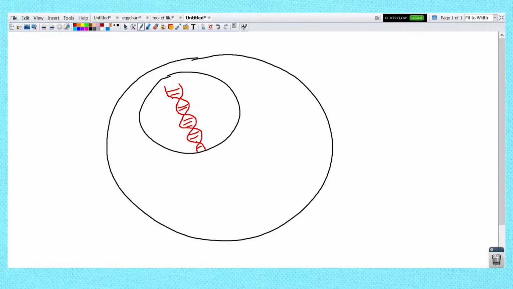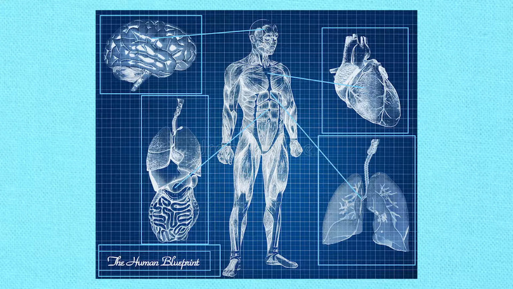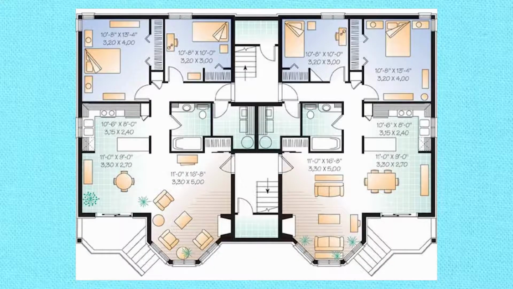This cell may only need 0.01% of that DNA. It may never use all the other pieces. It's basically like saying, okay, I'm going to build a giant apartment complex. Here's the blueprints for the entire apartment complex. That includes the rooms, the bathrooms, maybe a cafeteria, some vending machines, parking lot, parking garage, everything.